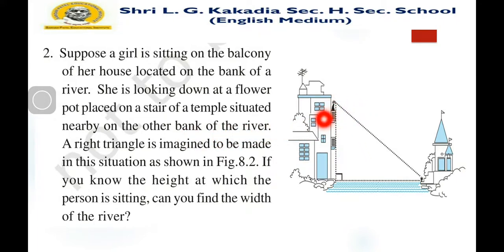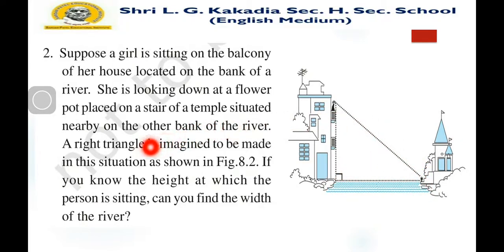Here you can see one girl standing on the balcony of her house, looking at the flower pot placed at the stairs of the temple on the other side of the river bank.